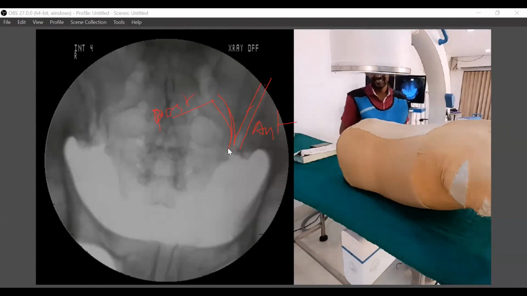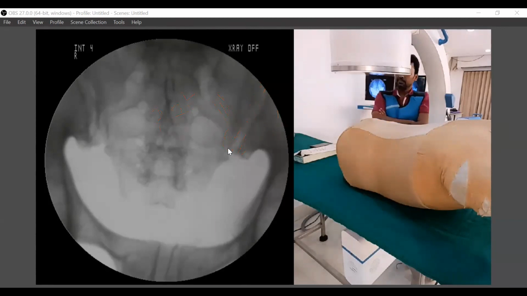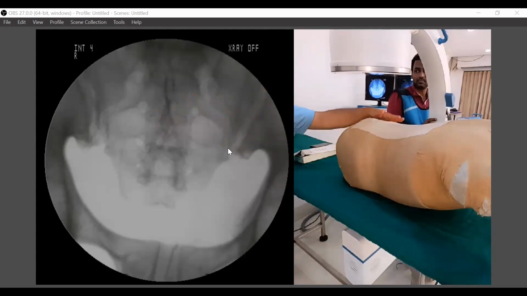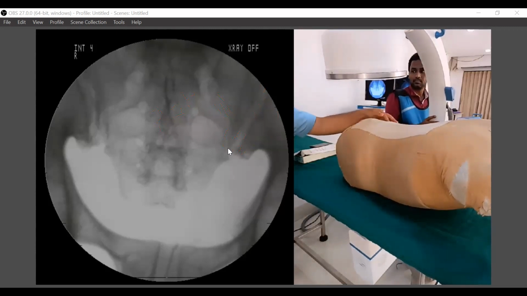Our consideration is only this joint line, but we do such positioning so that this part of this line and this part of this line come over each other. So we will do a contralateral oblique. This side I am going to inject, the right side of the patient, a prone patient, but you see the C-arm is going to the opposite side.